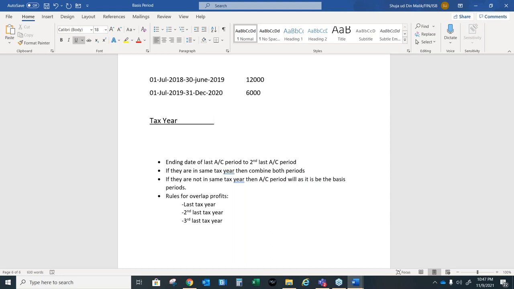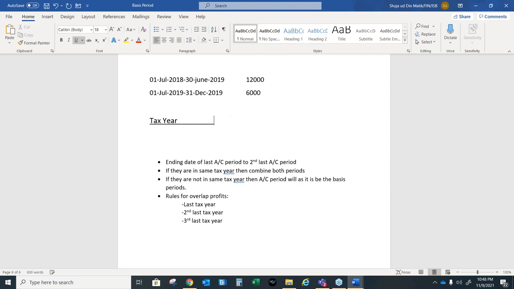Okay, Evelyn, and what is it, the different tax year? Look again. I've just changed the date. 30th June 2019, 31st December 2019. Now, same tax year.